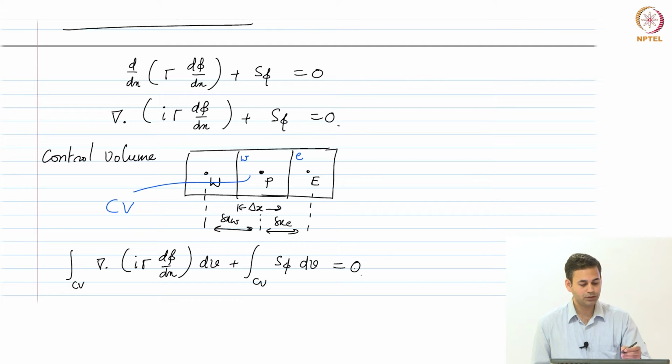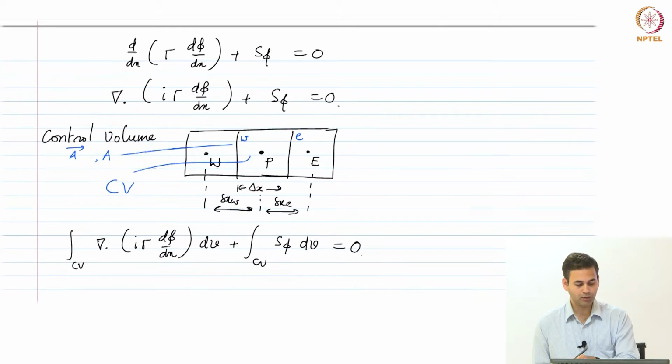Let us also assume that this is a 1D problem. Let us also assume that the area of the east-west faces has a magnitude A, and if we were to write the vector, that will be A bar. So the area vector is A bar and has a magnitude A. Fine.